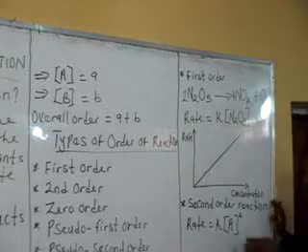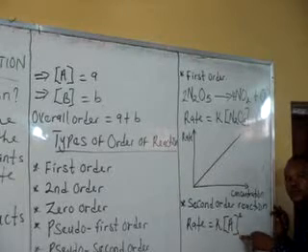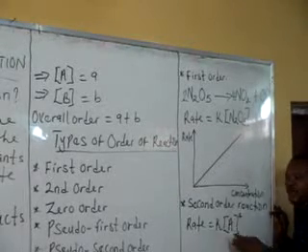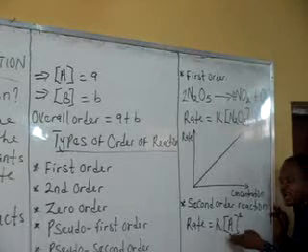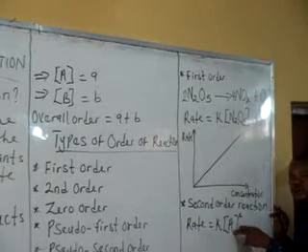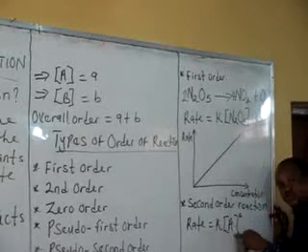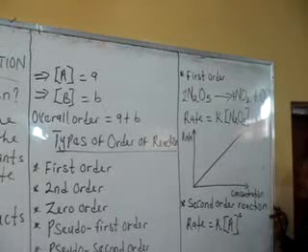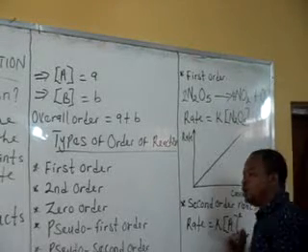So when you have something of this nature, it simply shows that the rate of this reaction depends on the square of the concentration of A. Then you have the second order.